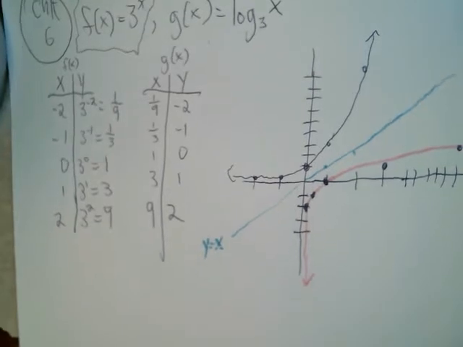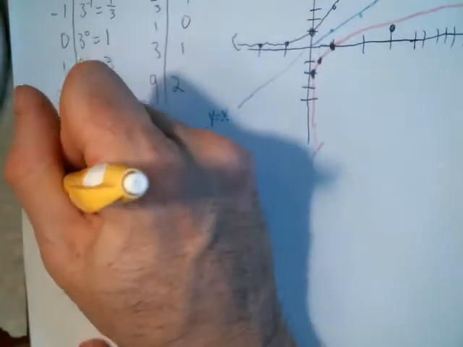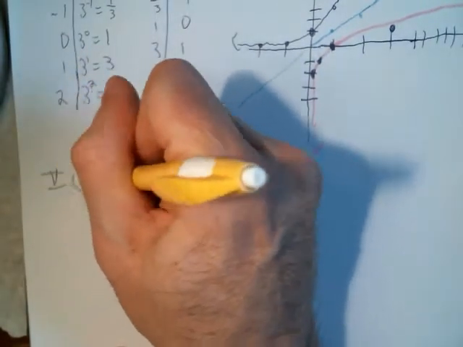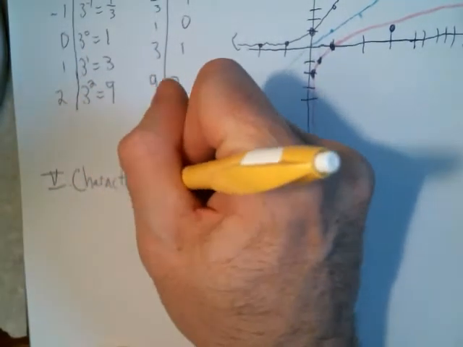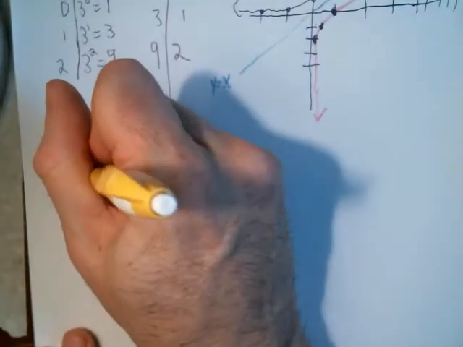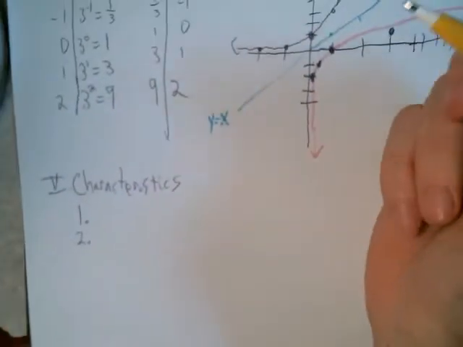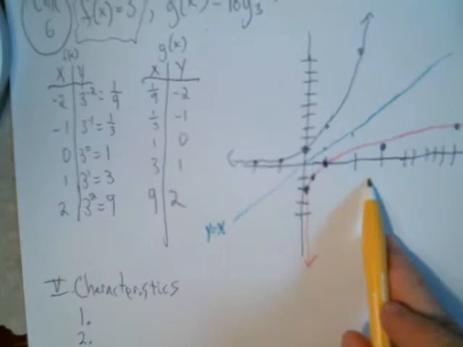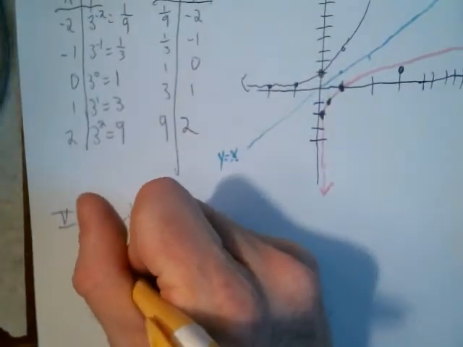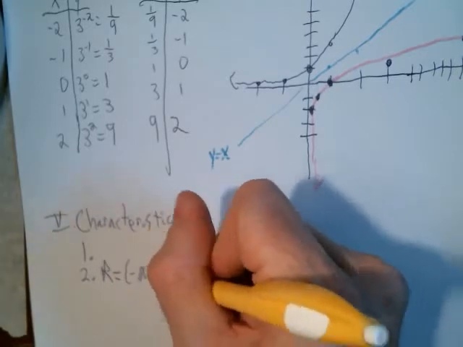Let's take a look at the characteristics. So section 5 then, characteristics of the graph. First off, the domain and range are going to be the opposite of the domain and range for the exponential. So the exponential's domain was -∞ to infinity, so the range of the logarithm is going to be -∞ to infinity.